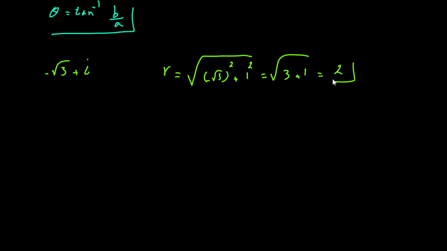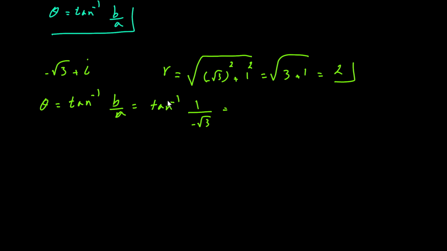Now I need to find theta. So the theta, I said, is going to be tangent inverse of b over a. And I have b as negative root 3, sorry, rather b is plus 1, and a is equal to negative root 3.